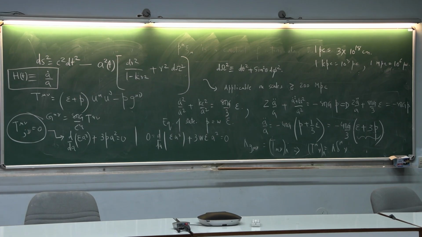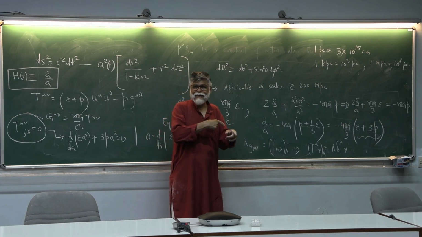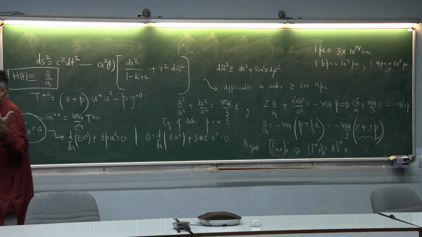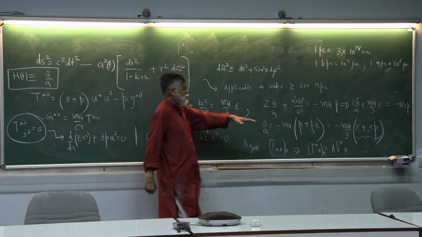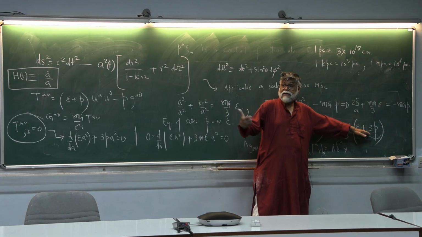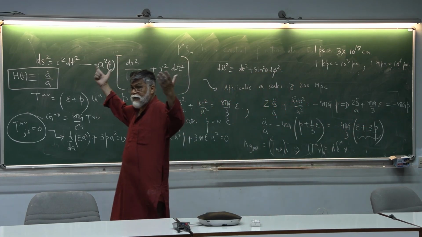So therefore Tii is minus pressure, and because Tii is lambda, pressure is minus lambda, energy density is lambda. So the equation of state parameter W is minus 1. And therefore, you can see, energy density plus 3P for the cosmological constant is negative. So the cosmological constant, if it is there, will drive an accelerated expansion.